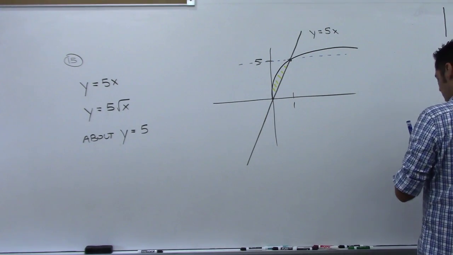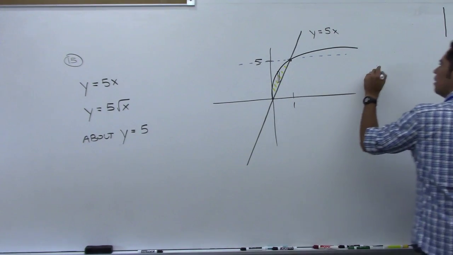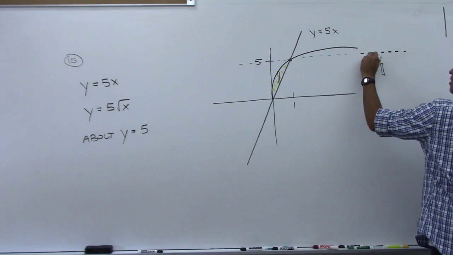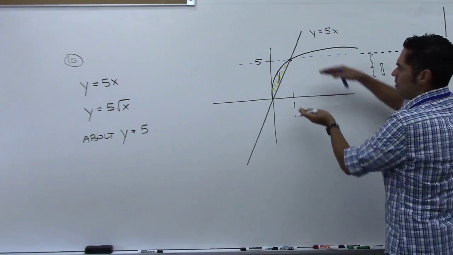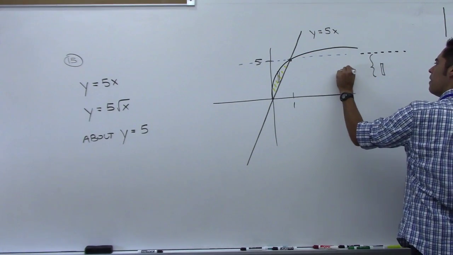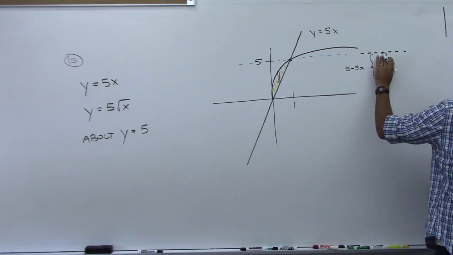And so your rectangle is vertical like this. Here's your rectangle. Here's your axis of rotation. This distance is the 5, and take away the bottom function, which is 5 minus 5x. That's the outer radius.